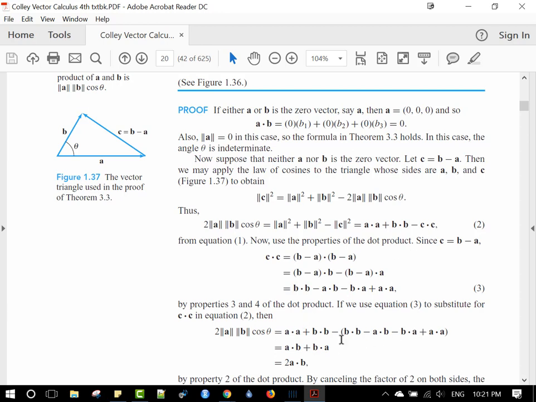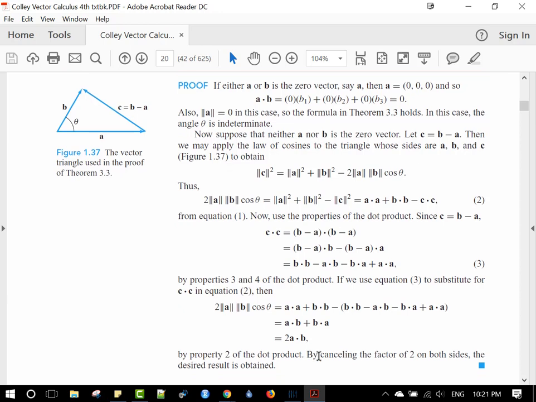And now I guess some of this simplifies like b dot b minus b dot b. And so you end up with this, which gives you this, I guess. So, by property 2 of the dot product, by canceling the factor of 2 on both sides, here and there, the desired result is obtained.